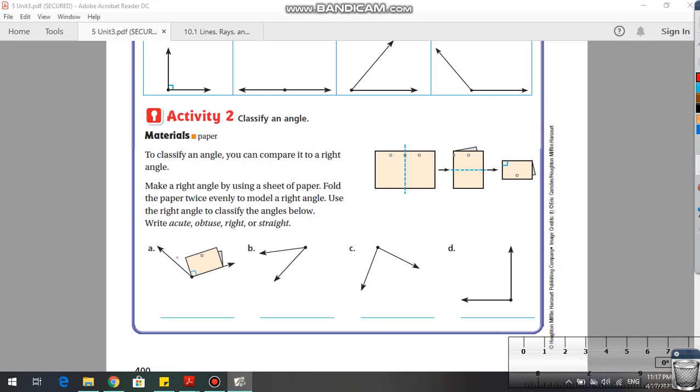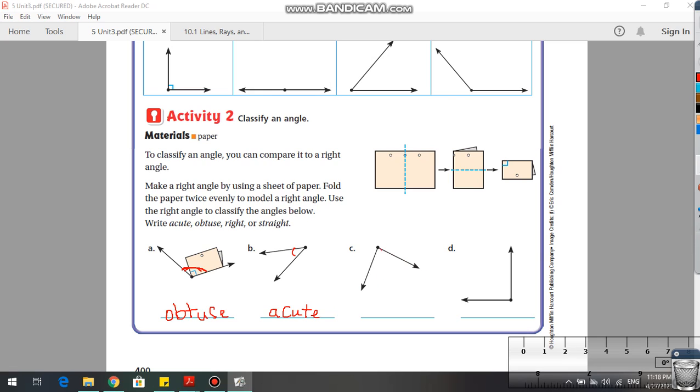Look, guys, here I have the right angle, but here it's greater than the right angle. It's a big stomach, so it's what? It's obtuse. Now this one is very small and cute, so it's an acute angle.